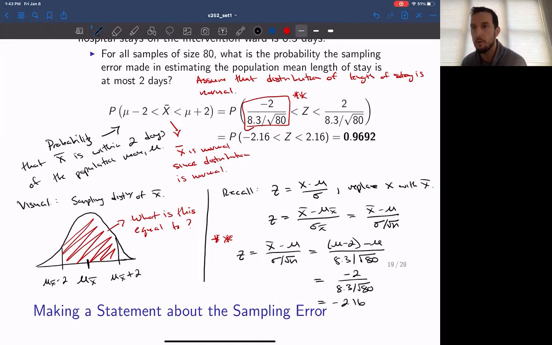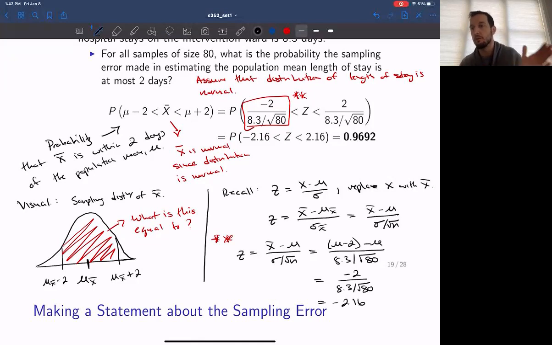So again, what we're asking here is, under the assumption of normality, given a sample size of 80 and a population standard deviation of 8.3, what is the probability that the error made in estimating the population mean is within 2 days of the truth?